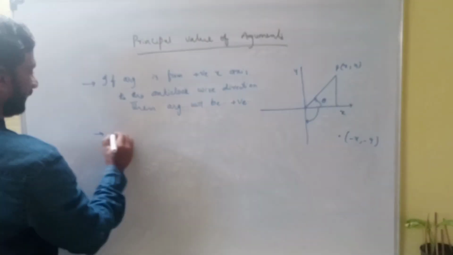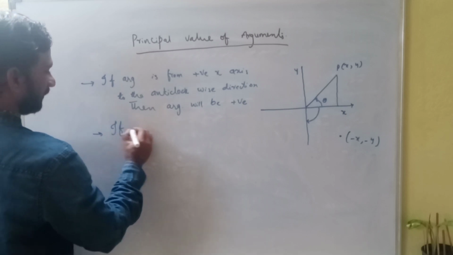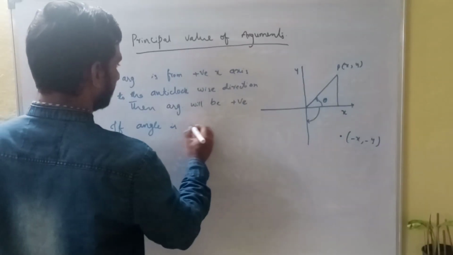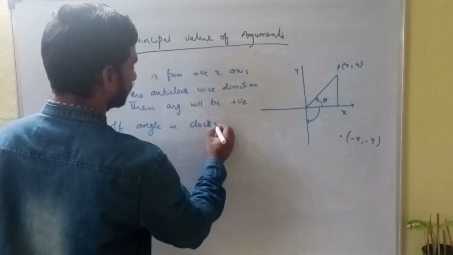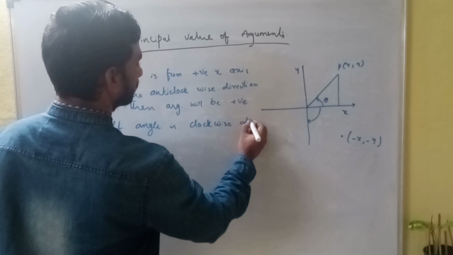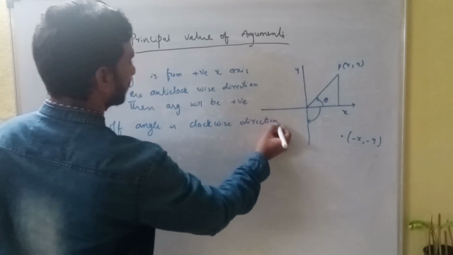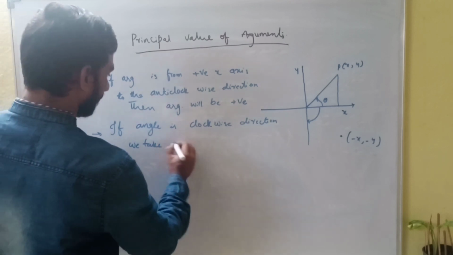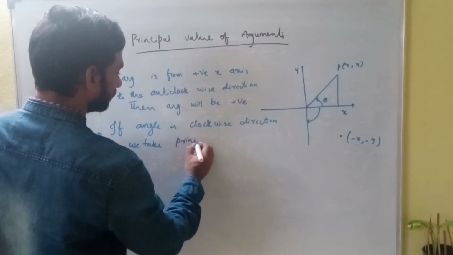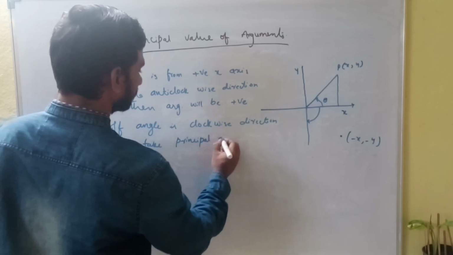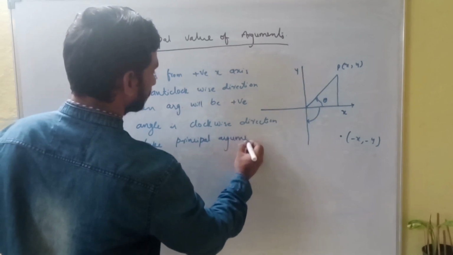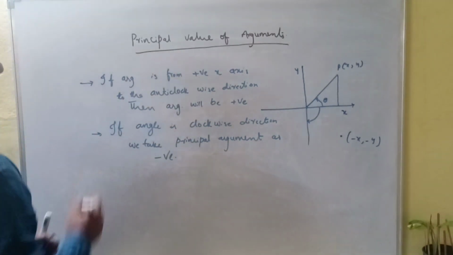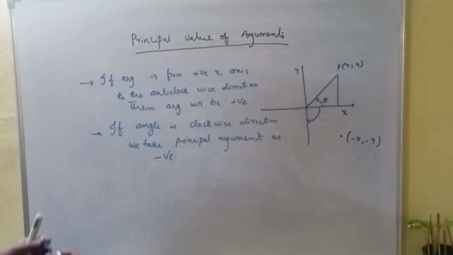And if the angle is measured in the clockwise direction, we take the principal argument as negative. So these are some few properties of the principal value of argument.